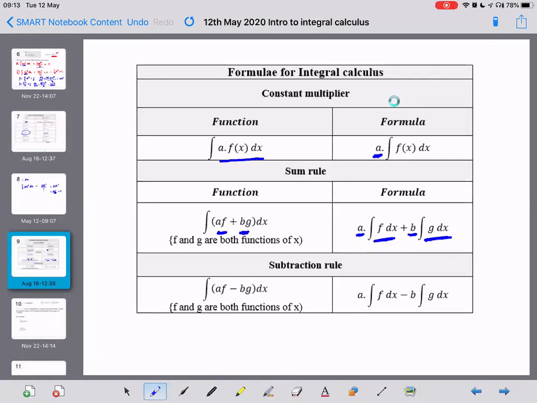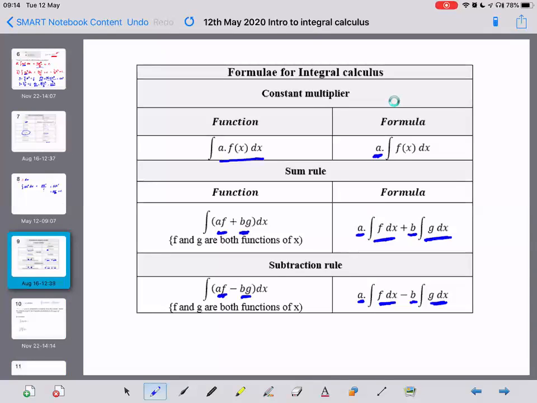And then subtraction: if we subtract one function of x from another function of x, we do a similar thing. We take the two constants outside, but we integrate the two functions f and g separately and subtract the second one from the first one.